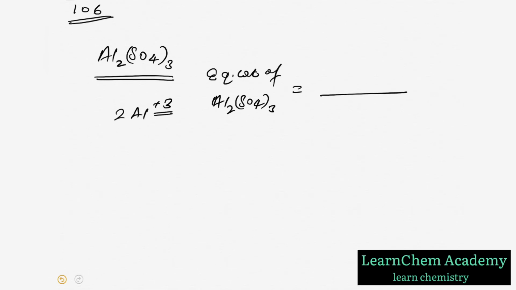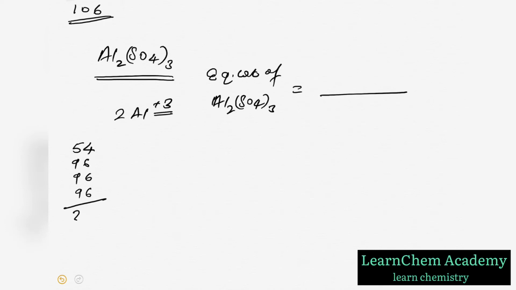Aluminium weight is 27. So we have 2 aluminium, that will be 54, and SO4 weight is 96. Here we have 3 sulfate ions, so 96, 96, 96.